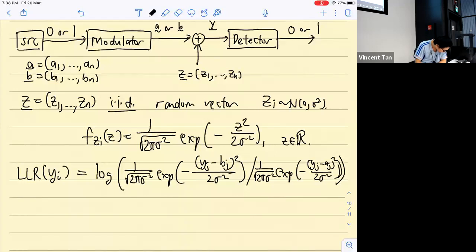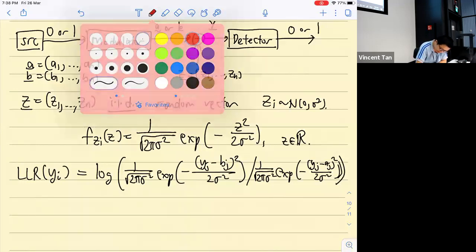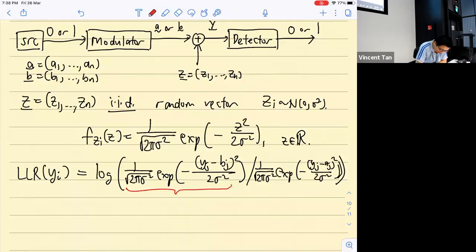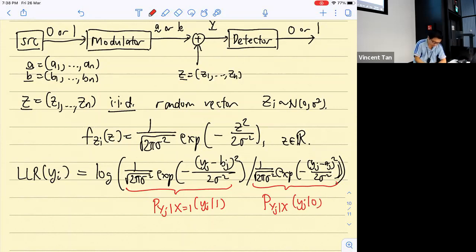So after we are all set and done, what is this term here? This term represents P of yj conditioned on the source being equal to 1, because 1 is modulated to B. And this is the distribution when the source is fixed to 0.